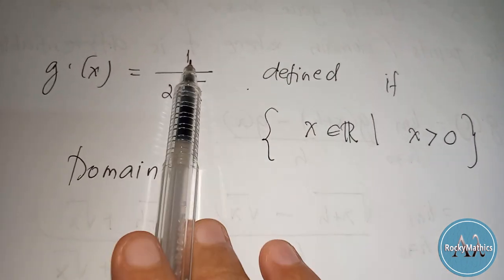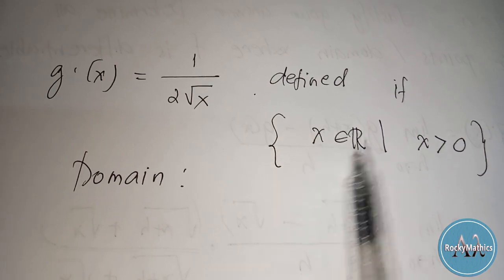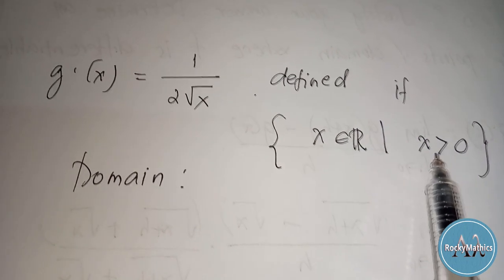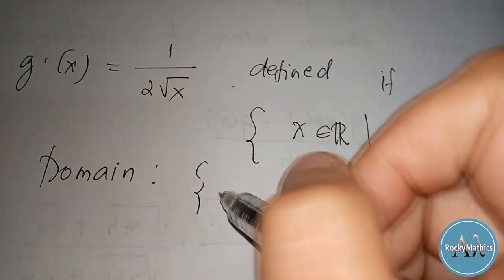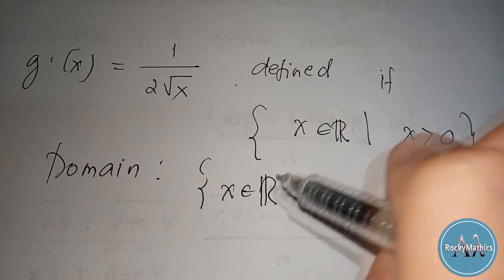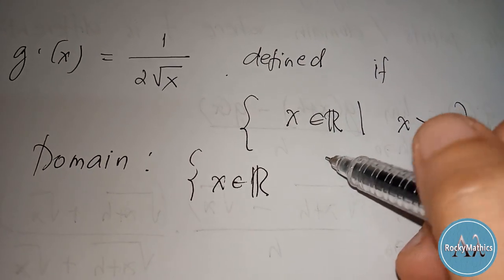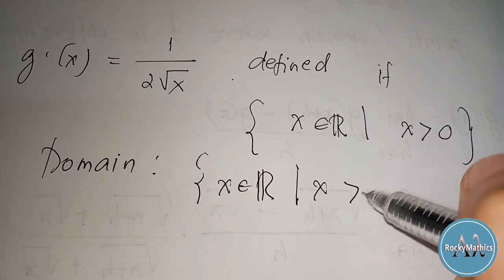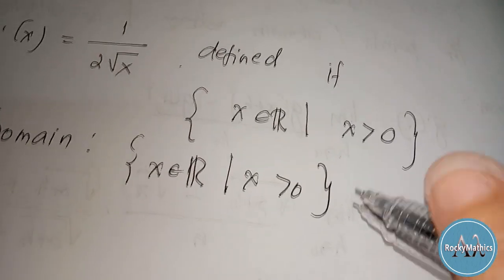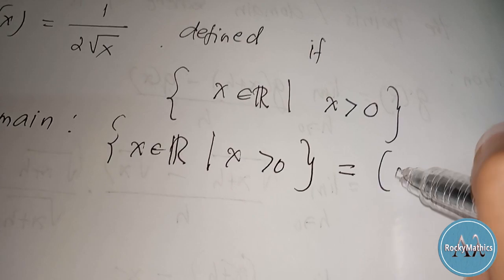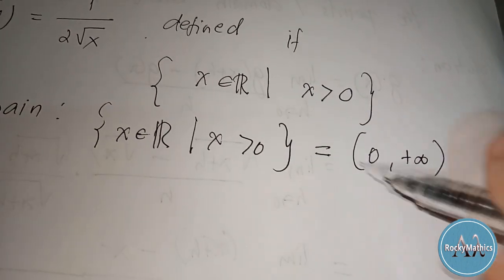This is defined if the values of x taken from the set of real numbers are greater than 0. So what's the domain again? This is x in R, the values of x taken from the set of real numbers such that x is greater than 0. This is set builder notation, which is equal to 0 to positive infinity using interval notation.